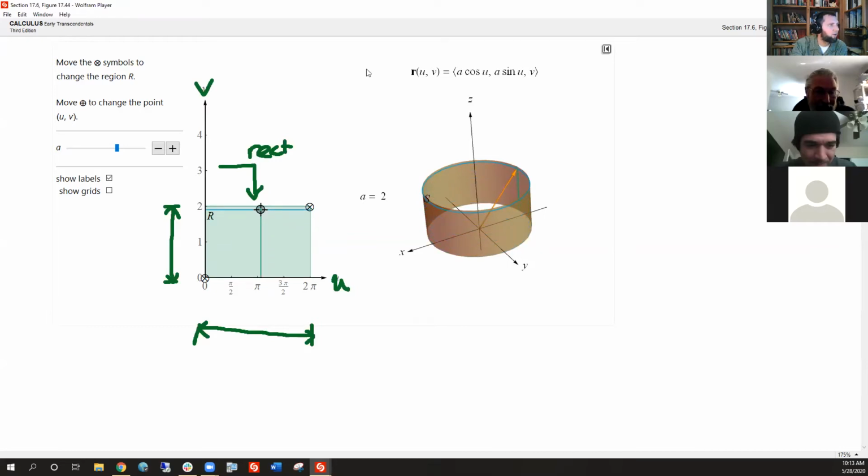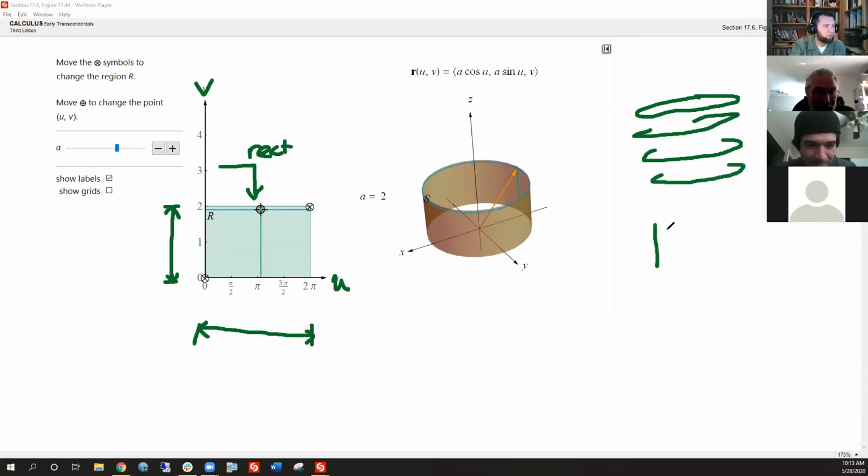So one way of thinking about it is this is like a whole bunch of concentric circles that are together forming the cylinder. The other way of thinking about it would be, oh, it's just a whole bunch of vertical lines that if you draw enough of them will form a cylinder.